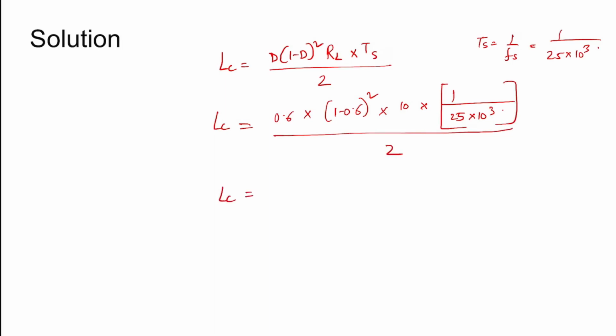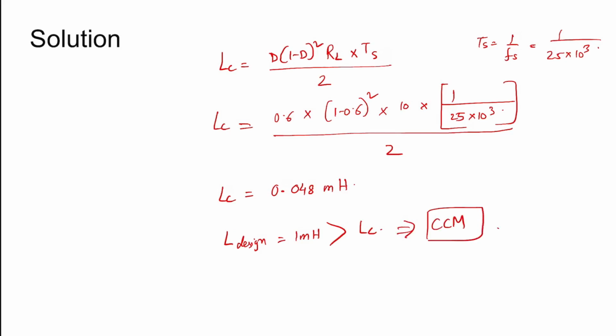So L critical value is coming out to be 0.048 millihenry. Now L design is 1 millihenry, which is much greater than the critical value of the inductor, which implies that continuous conduction mode of operation is being followed.